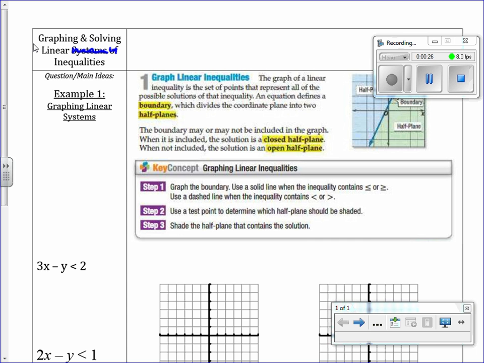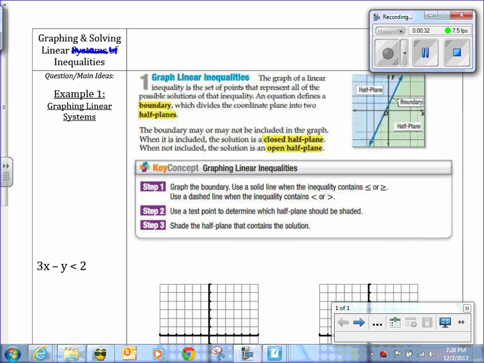Okay. So when we graph a linear inequality, it's pretty neat. You know, we're starting to get more and more into algebra. So you're going to have a boundary. Think of your inequality as basically an equation in slope-intercept form. That's what we'll want to put it into. The boundary is going to be the line as if it was just y equals mx plus b.